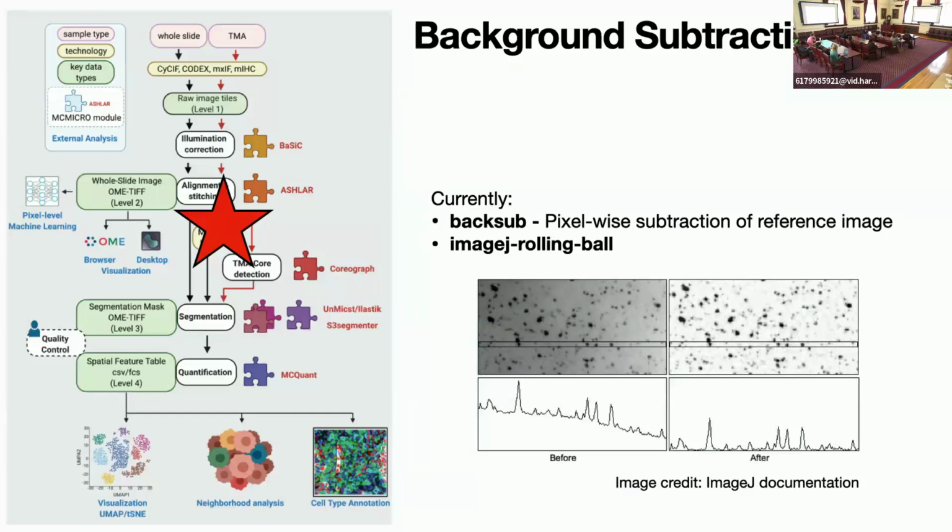So we have 2 modules, one of which just takes pixel-wise subtraction of a reference image. Some people will pre-image their sample with no antibodies or with control antibodies to get an autofluorescence or control image, and use that for subtraction. Other people like to use rolling ball, so we just added a module that calls ImageJ rolling ball. Again, happy to beg, borrow, and steal stuff that works.